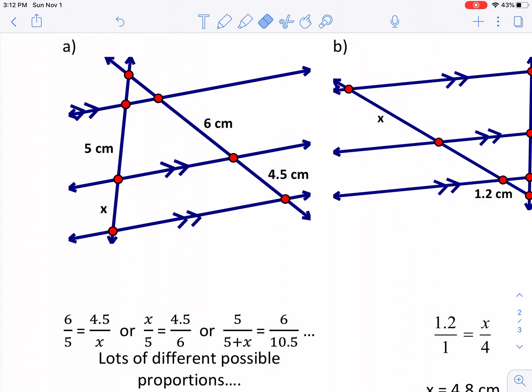They say we could say that this part, 6 centimeters over 5 centimeters, would be the same thing as 4.5 with its corresponding part of X. 6 over 5 should be the same ratio as 4.5 over X. In other words, that would be our proportion. That's one way that we could solve for this.